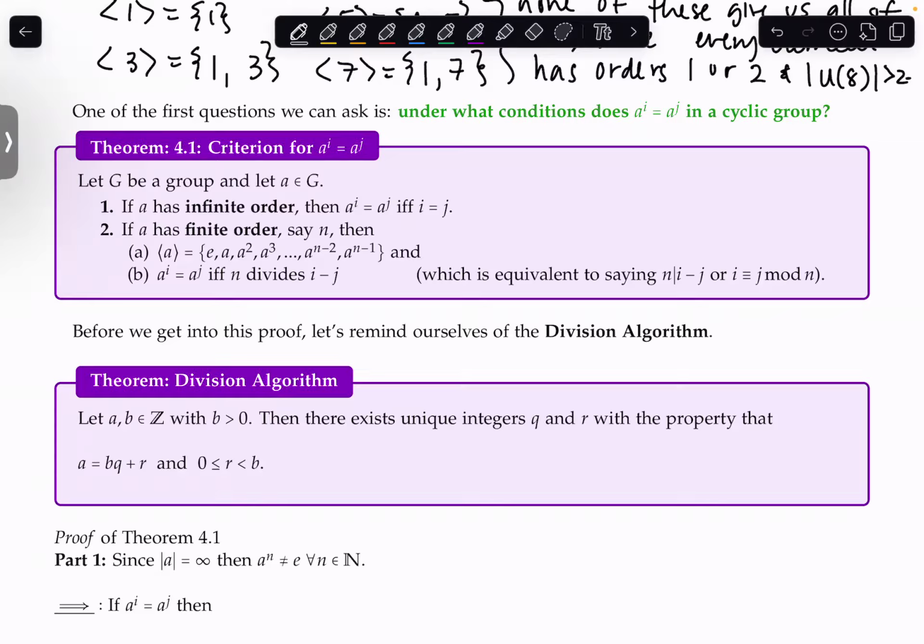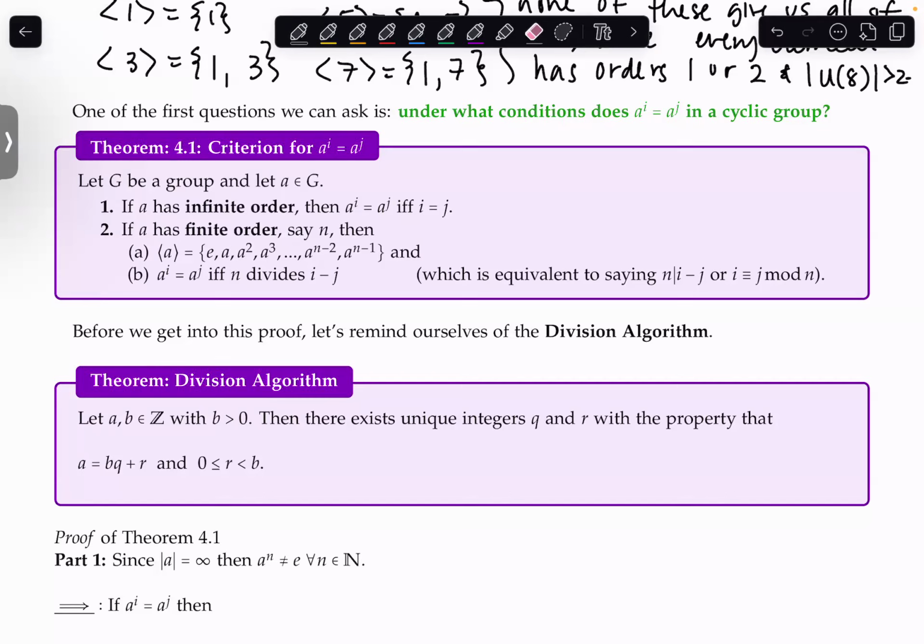Okay, that's not going to be the case when a has finite order. We've been seeing these in our examples. When the order of our generator is finite, we do get some repetition that depends specifically on the order of the element. So let's say it has finite order of n. Then we get two pieces of information. We know that the group generated by a has the elements e, a squared, all the way up to a^(n-1).